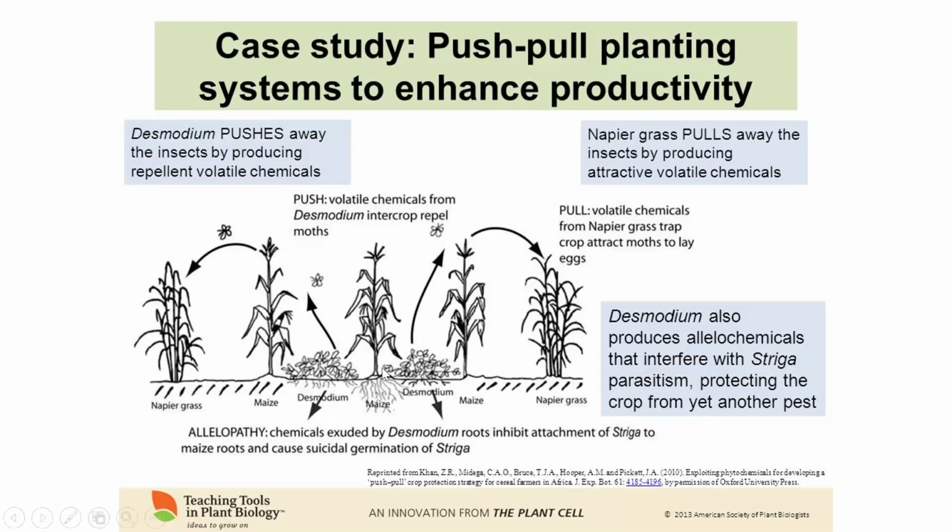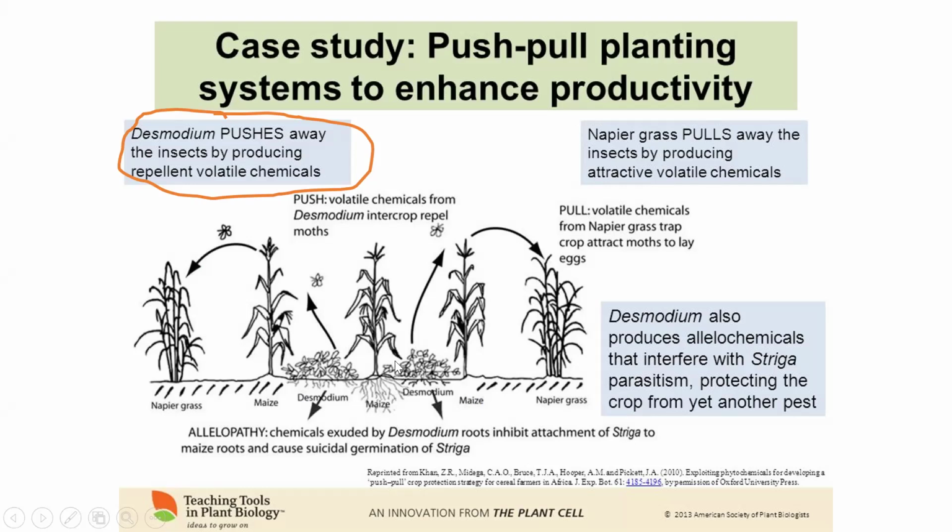Another strategy that involves intercropping and also some field arrangement is a push-pull planting system. This is a paper where they looked at putting desmodium, which is a legume, between the rows of maize.